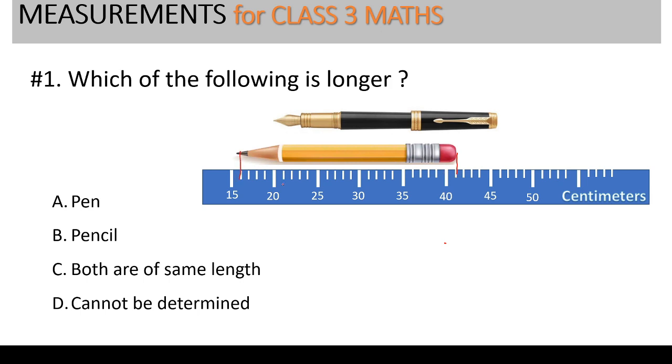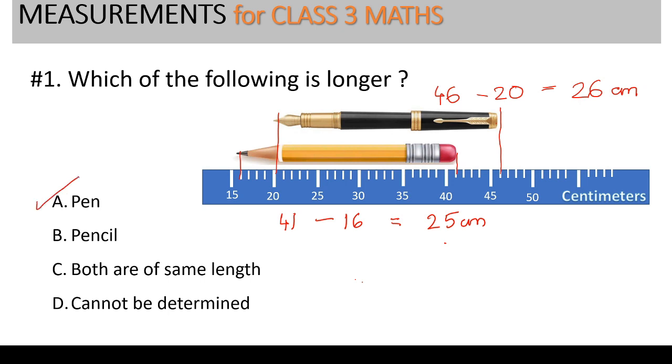So, 41 minus 16, which is equal to 25 centimeters. And for the pen, well, it is starting at 20 and ending at 46. So, 46 minus 20, that is equal to 26 centimeters. So, which is longer? Yes, the pen is longer.